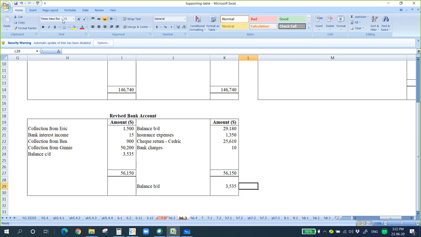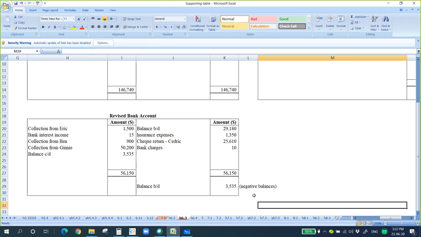If your balance of bank account is on the credit, it means what? This is a negative balance. If debit, it means positive. So any questions so far for the revised bank account?